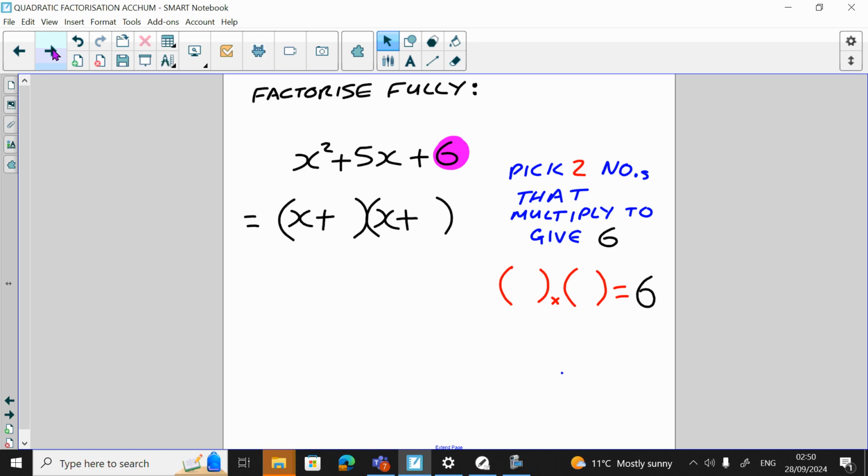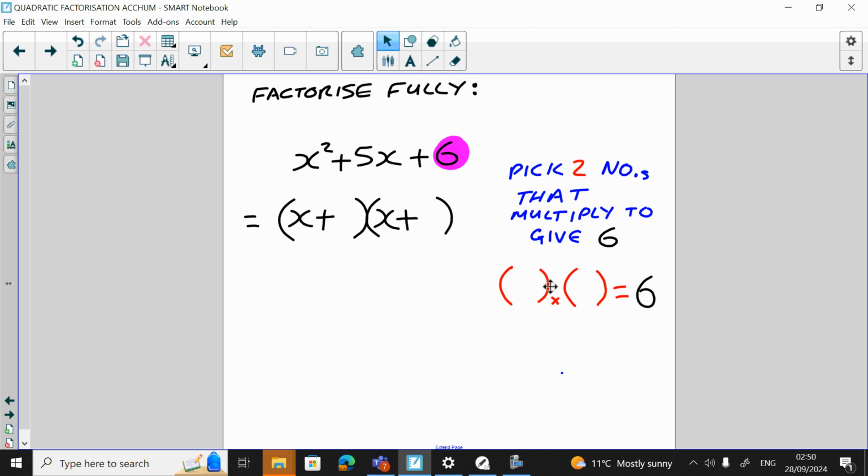And we'll stick with nice numbers here. So it could be 1 times 6, could be 2 times 3. We'll stay away from 12 times 0.5 or 12 times a half. Okay, it's the top check for the constant term. That's the constant term, the number with no x pals. That's always multiply.